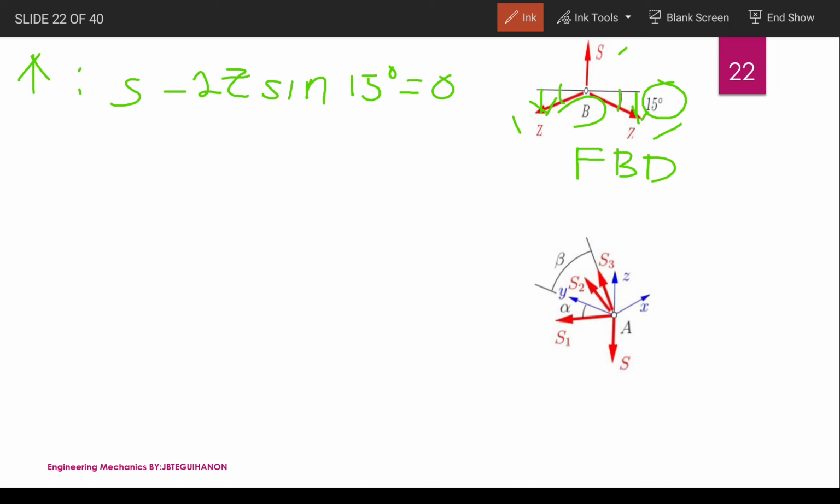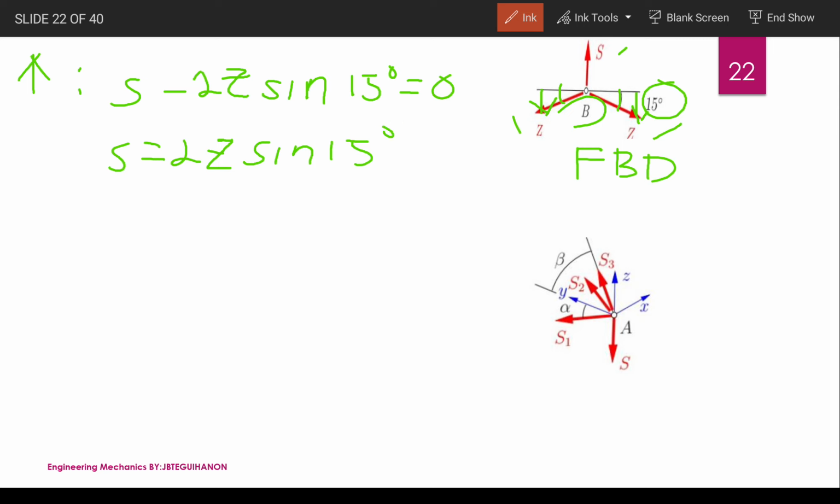So, kuha mo na kagad yung S. S is equal to, transpose mo lang yan sa kabilang side. So, that is 2Z sine 15 degrees.